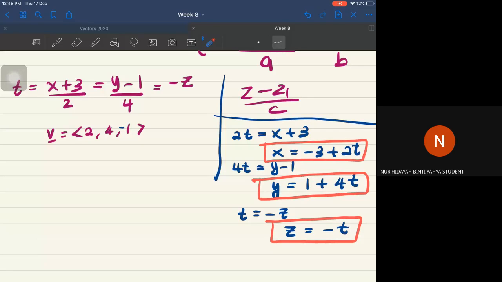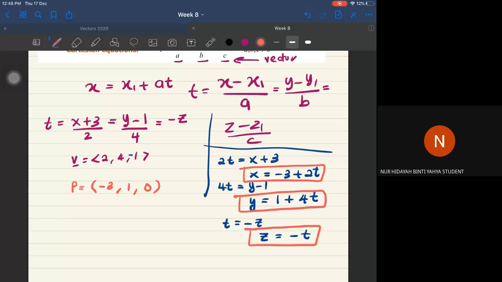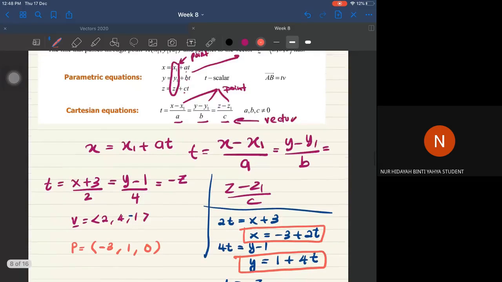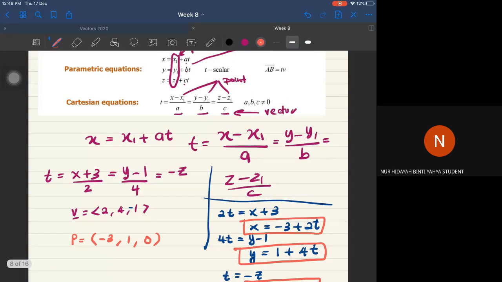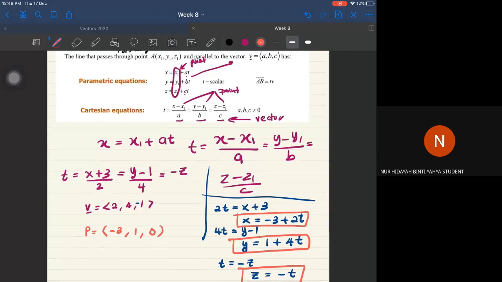So let's say point tu saya label as point P. So point P awak adalah negatif 3, 1, 0. Awak kena tahu macam mana nak keluarkan a vector and a point from this Cartesian and parametric equation. Sebab most of the time kita akan guna benda ni sama ada dalam equation of the line ataupun equation of the plane.